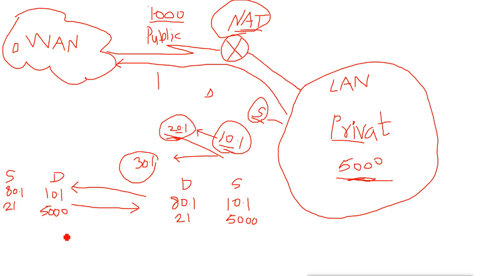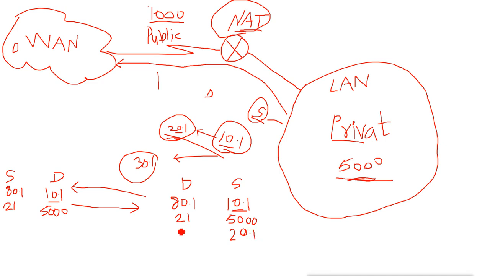But in a PAT, what it does is this: because this private IP address is not usable, we cannot use this private address, and we have only one public address. So when any address comes, for example 10.1 comes and it is accessing 80.1, and we have only one public address, let's say 20.1, it will be translated to 20.1.